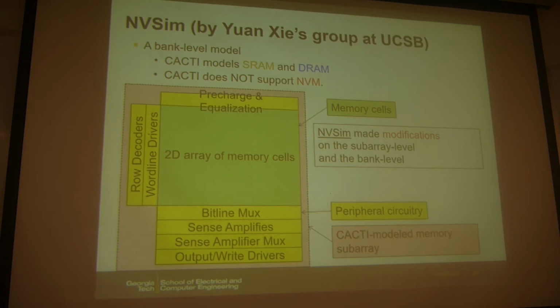I think he started this research even before he moved to UC Santa Barbara. He used to be at Penn State University. This is a subarray and the blocks we showed earlier, and this simulator tries to model the individual blocks, the modules, the circuits, and then the memory cells.